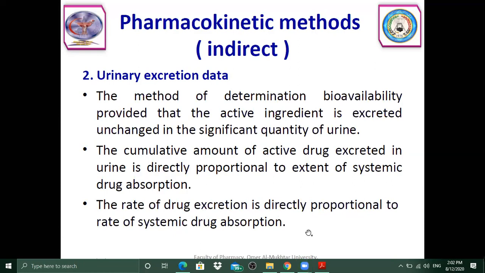So whenever I get 50% of the drug in the urine sample, that means 50% of the drug is now there in the systemic circulation, right? And then when I get 100% of the drug in the urine sample, then I know 0% of the drug is there in the systemic circulation. So that is how it is.